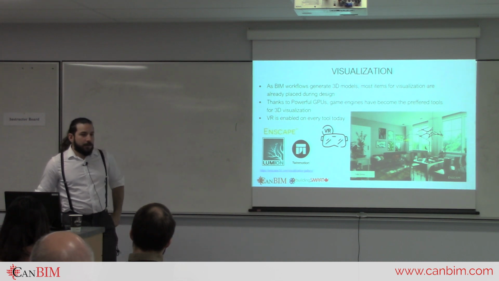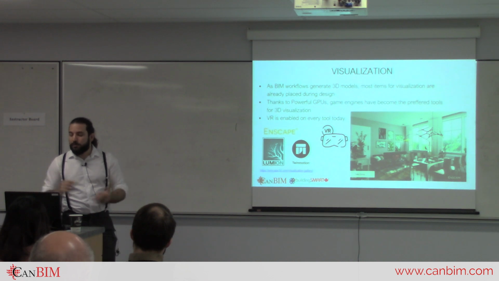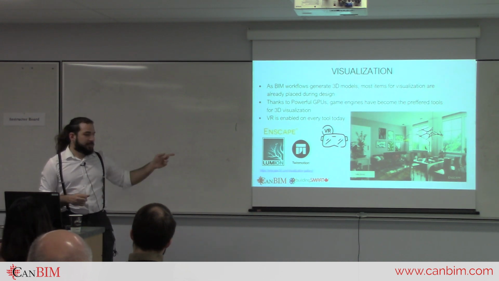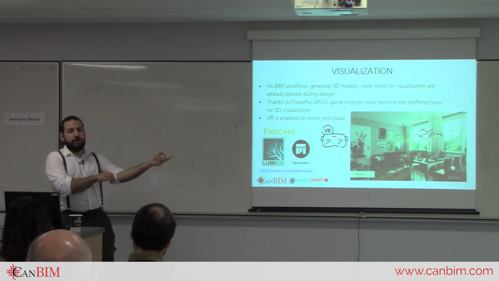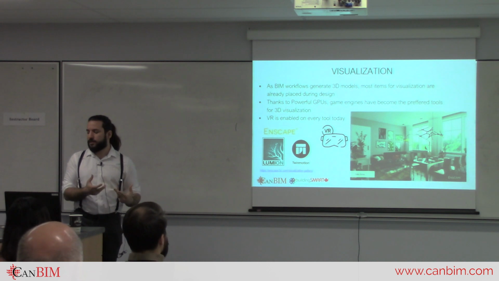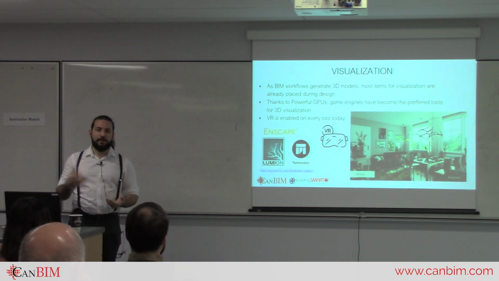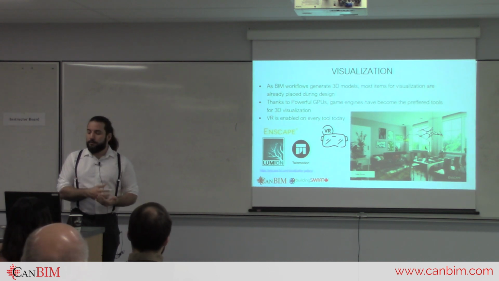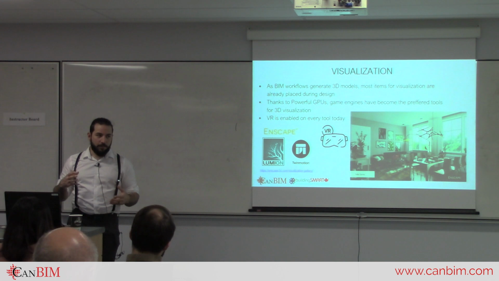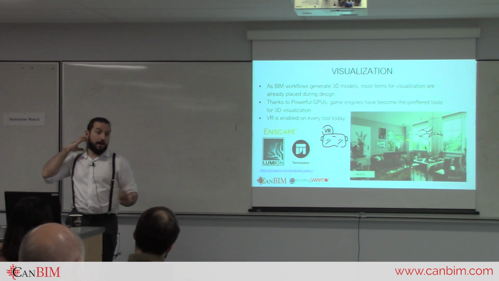These are called game-engine-based rendering systems. Twinmotion is literally using a game engine, the Unreal Engine. These utilize your graphics cards and technologies like ray tracing to visualize your model very quickly. So you're able to get your images in a matter of seconds instead of hours.